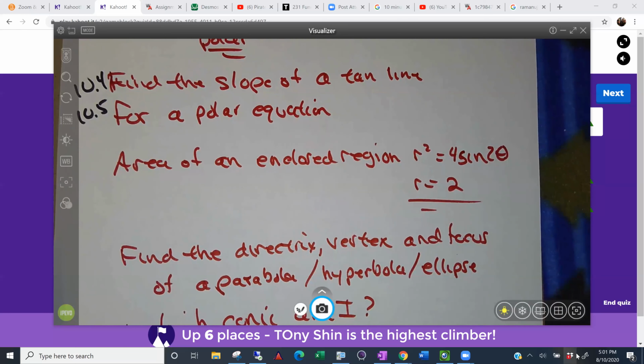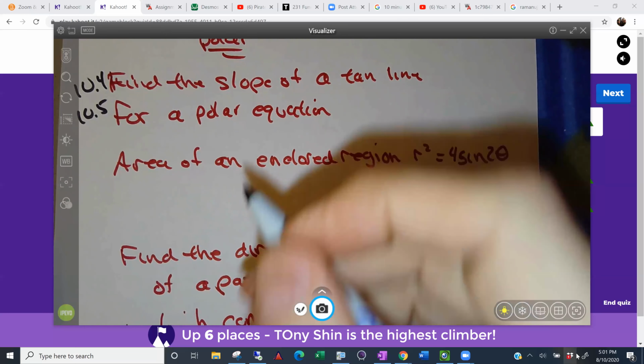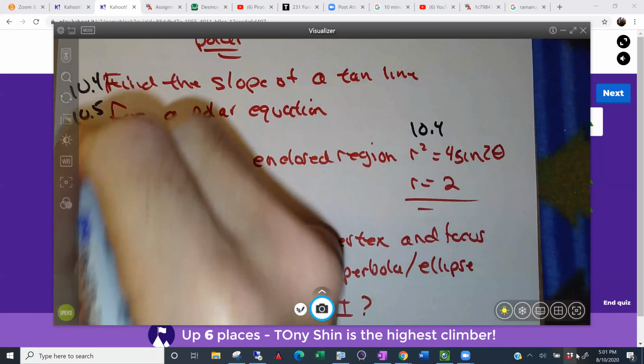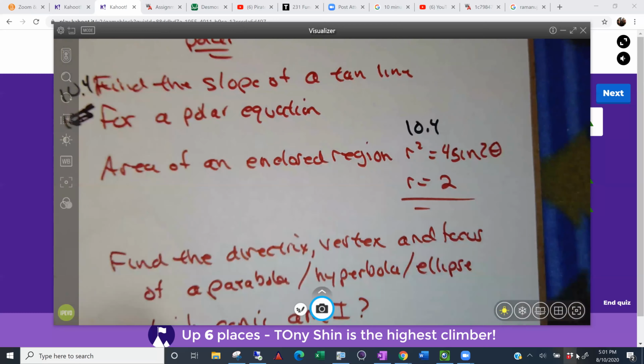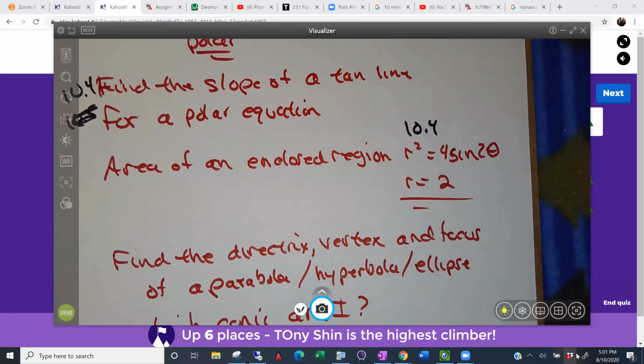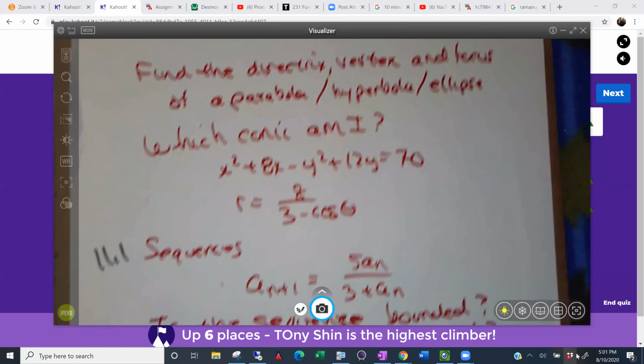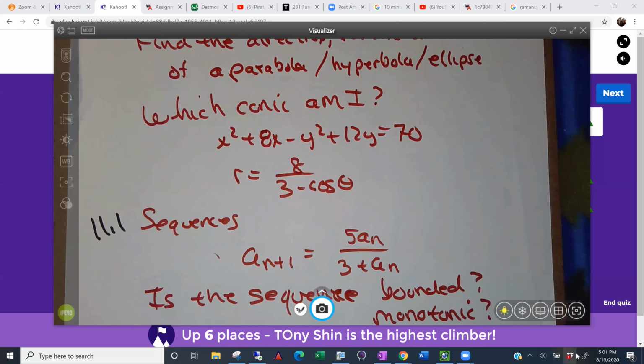Lengths, no, actually, it's 10.4. So sequences and beyond is basically chapter 11. Everything before that is chapter 10. So that's like 11.1.